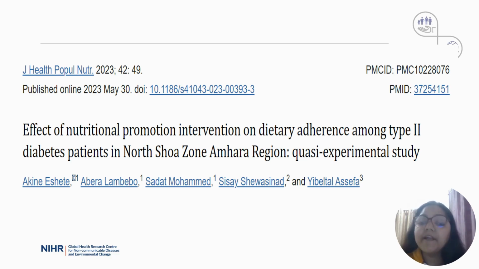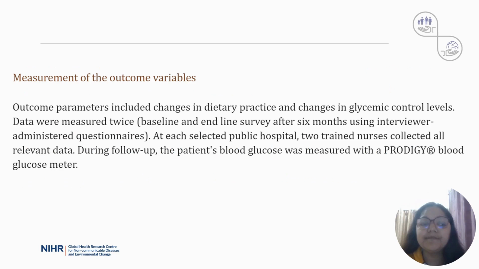The way they would like to achieve an understanding of this effect is through a research design, the quasi-experimental study design. If you were to read this paper further, the method section talks about the measurement of the outcome variable, which the title says is dietary adherence. They also talk about measuring dietary adherence through a questionnaire.